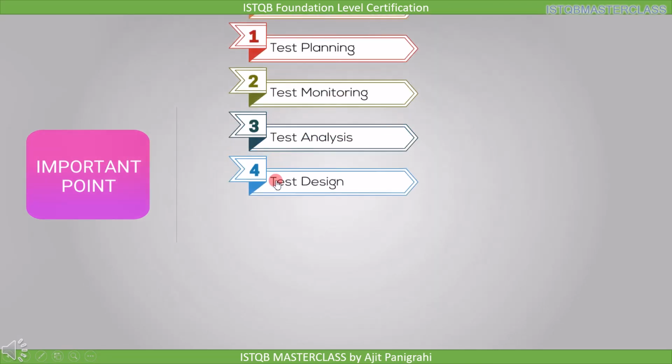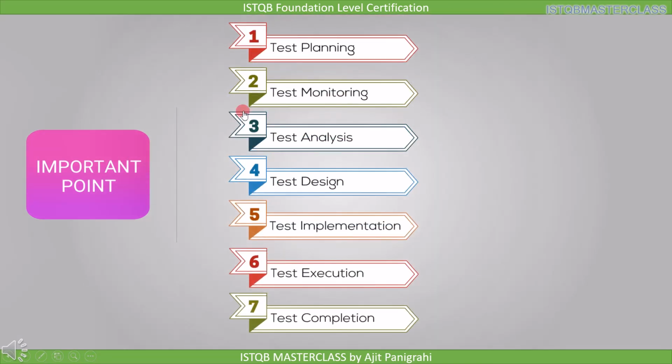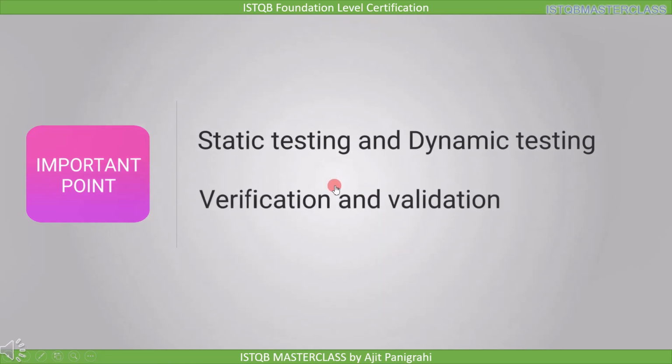Testing is a process and consists of different activities: test planning, test monitoring, test analysis, test design, test implementation, test execution, and test completion are the 7 different activities described in this syllabus. And the last important point is, testing consists of static and dynamic testing and consists of verification and validation process. All these important points are available as a resource and attached to this video. Please find them.